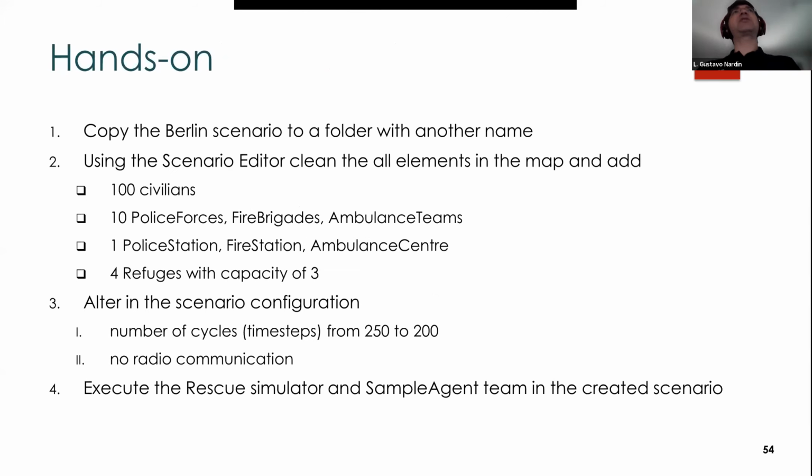Once this is finished, I was going to ask you to change this scenario in order to create a scenario with this characteristic. I don't know if Ayushman, if you were able to finish installing the server, the simulator, and the sample agent.